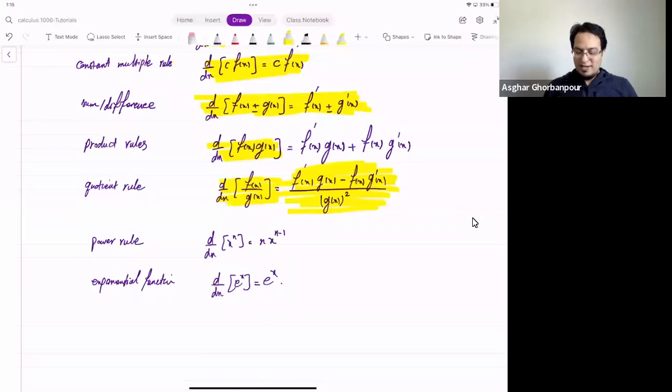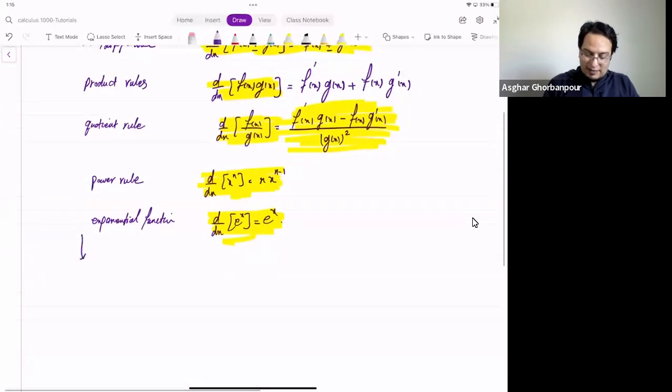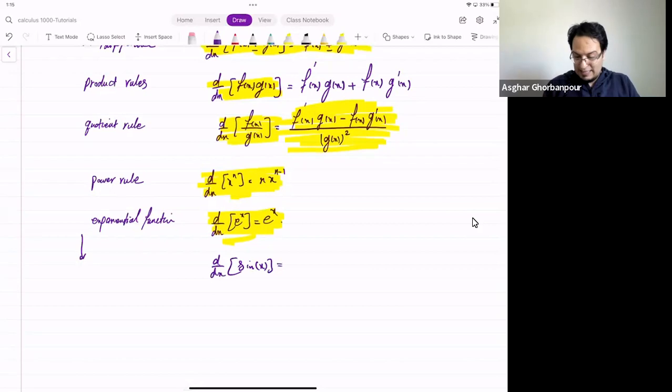We can also show that the derivative of x to the power n is n x to the power n minus 1, and the derivative of the exponential function e to the power x is e to the power x. This list will go on. For example, the derivative of sine: you can use that limit and show that it is cosine x.